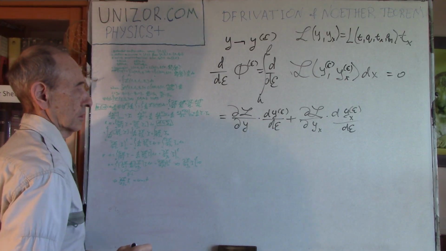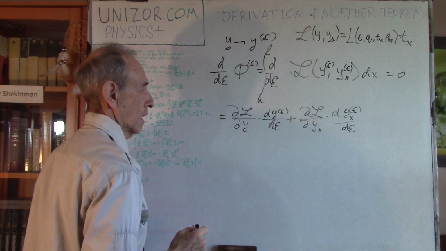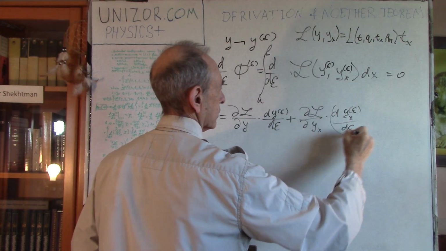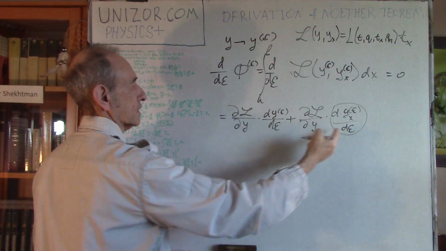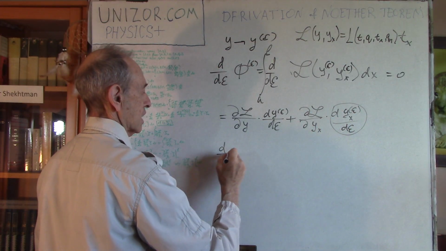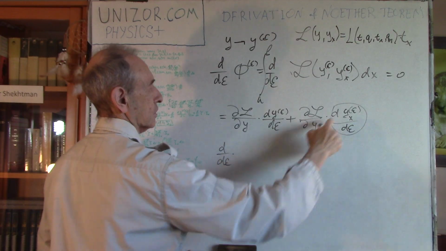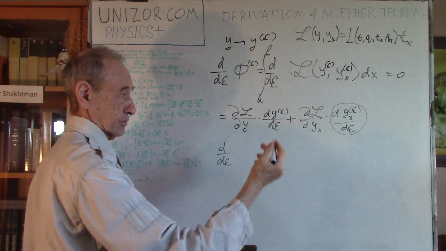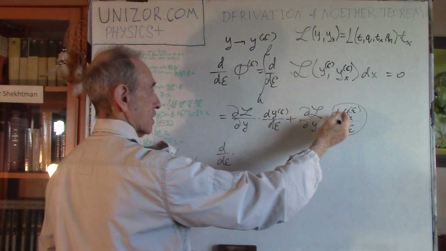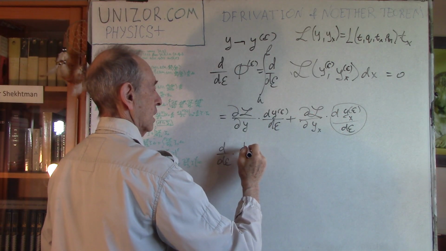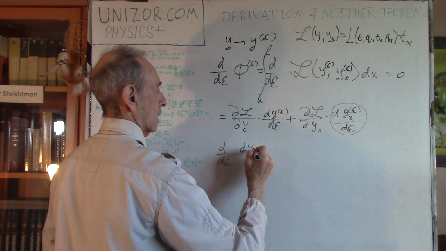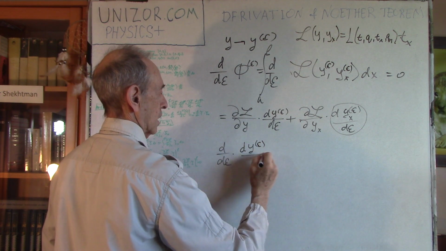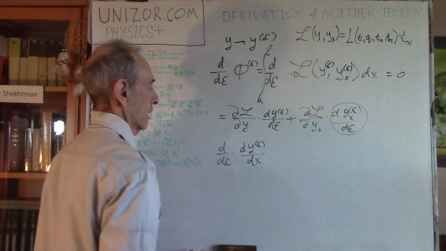Now, before going any further, I would like to talk about this particular thing. What is this? It's differentiation by epsilon of y_x. Now, what is y_x? We have just talked about it. It's a differentiation by x. So it's d by dx of y, and then by epsilon.